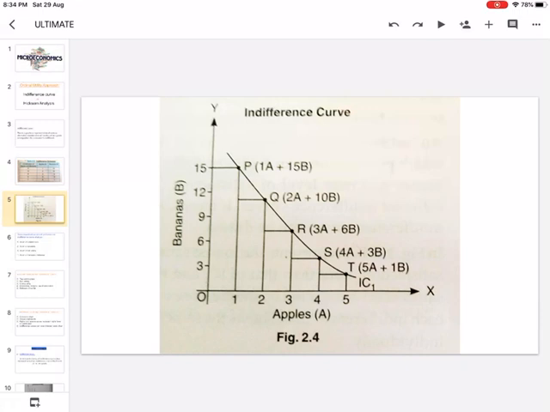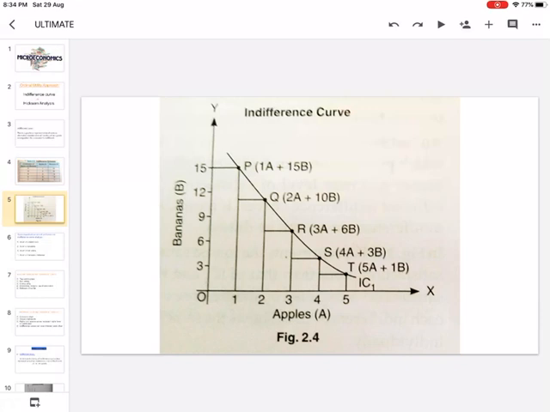Like this schedule, we have just converted it into a graph. Let us see. And in this graph, we have drawn the indifference curve. Let us see how it is plotted. So you can see here, we have plotted P, that is 1A plus 15B, Q, 2A plus 10B, and so on. And we get the points P, Q, R, S, T. These different combinations give him equal satisfaction.